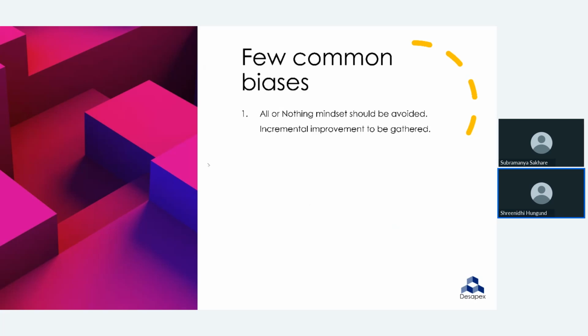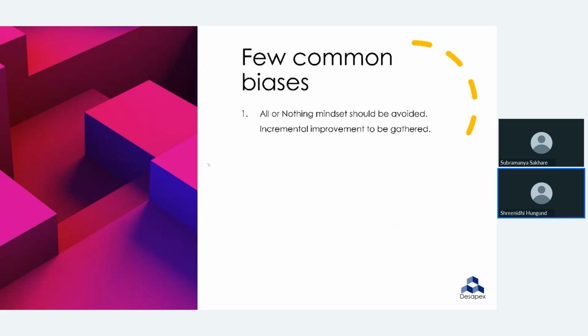Most of the time in any digital project implementation, we start thinking that if this is not there in the project, then it's nothing for me. So I think that all or nothing mindset should be avoided.